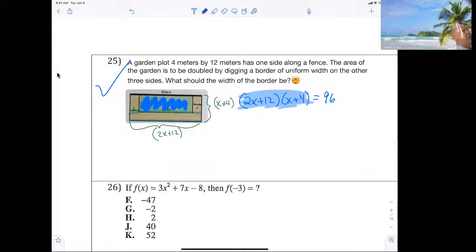I don't know what you're asking me. Yeah, work the problem out. Figure out what x is. Seriously. Why is it 2x plus 4? Why is it x plus 4? Come on, that's really super important.